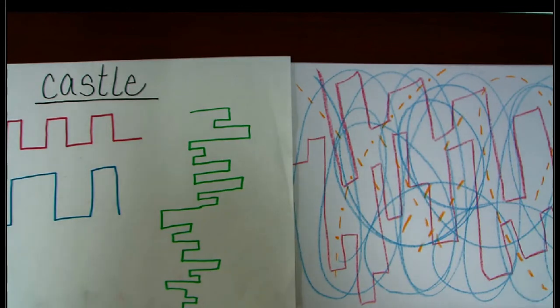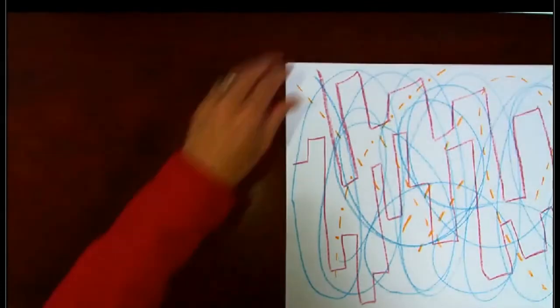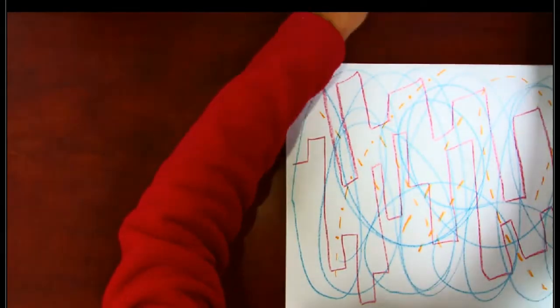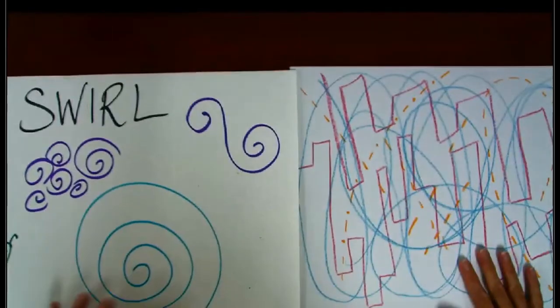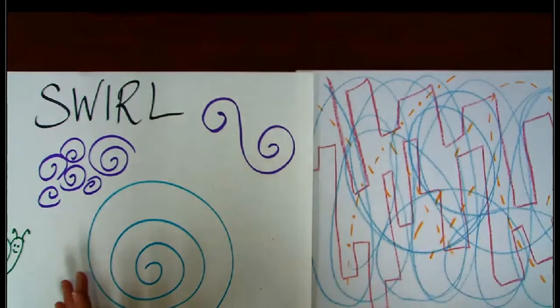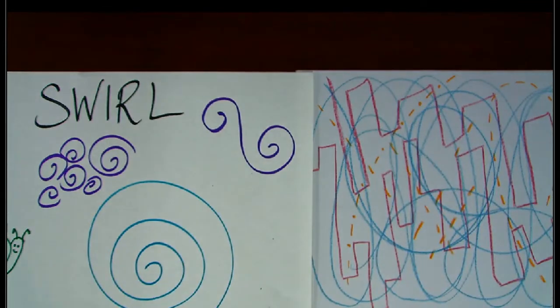Yahoo! Pretty fun. All right, last line, the swirl line. All right, so the swirl line, I'll do this one. No, that's not going to work. All of my crayons are very light.